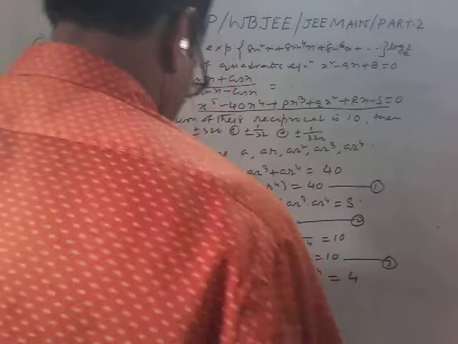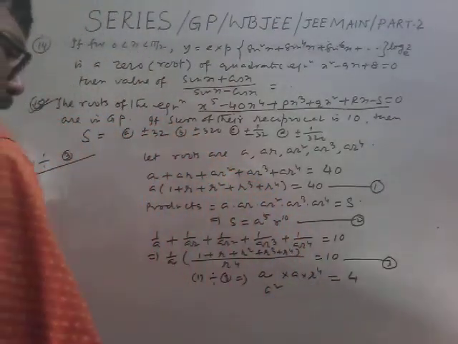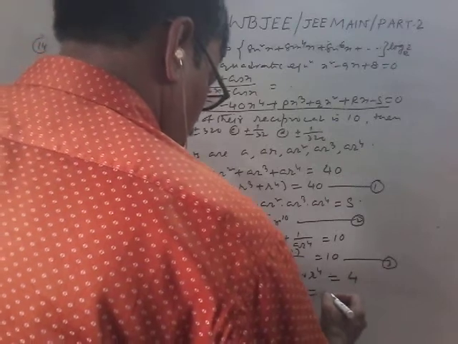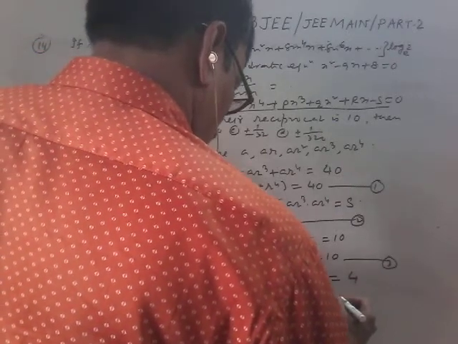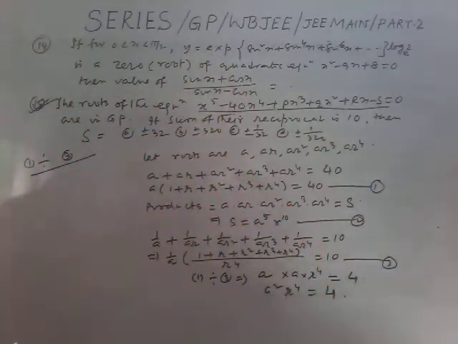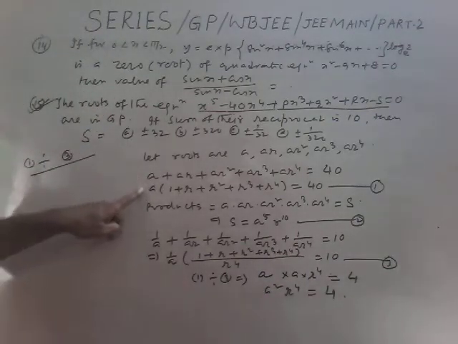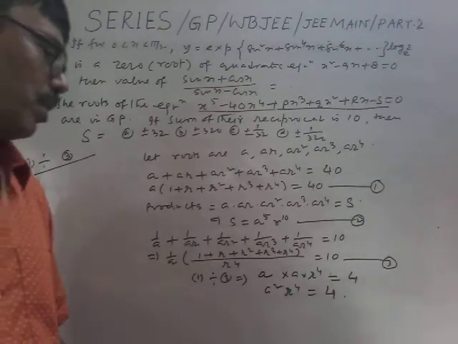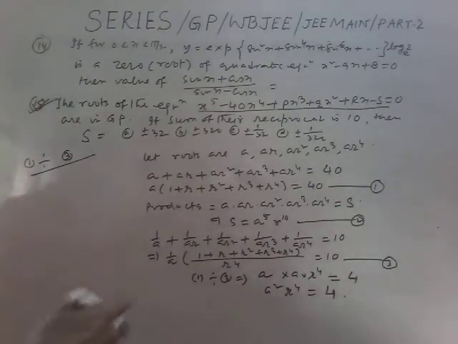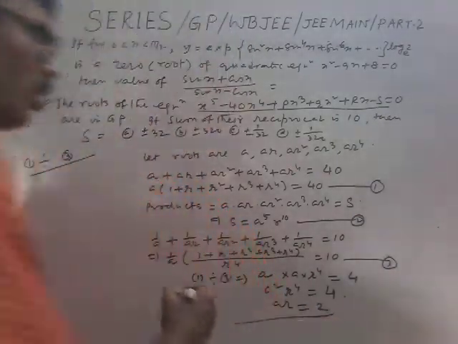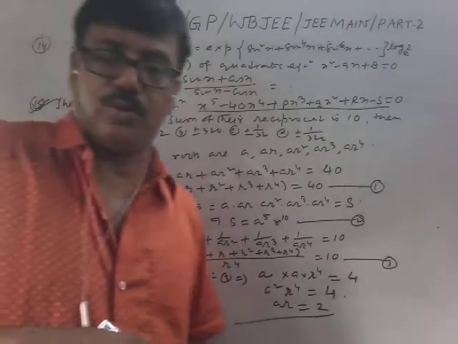So A square r to the power 4 equals 4. This A and this reciprocal A, and this is r to the power 4. So what is AR? AR equals 2. So AR equals 2.